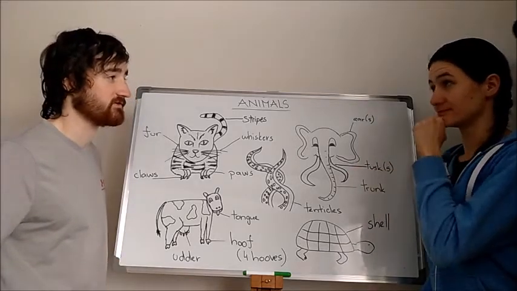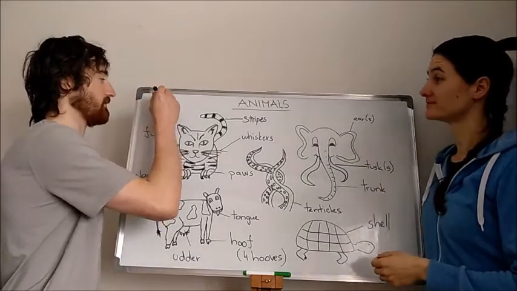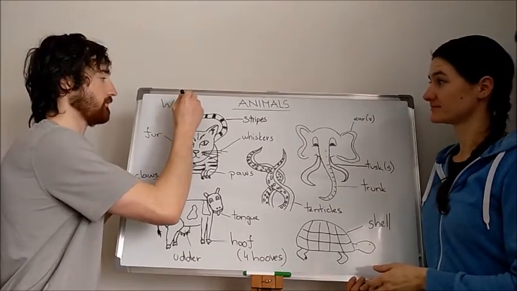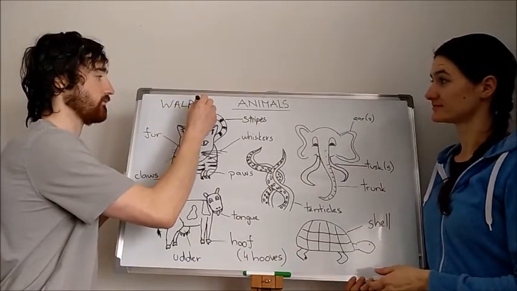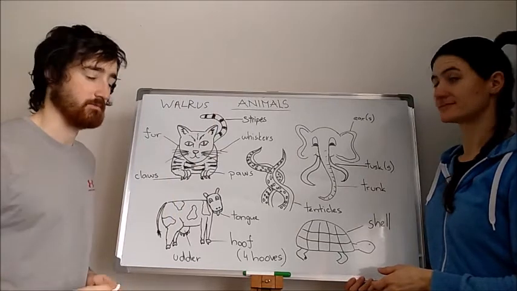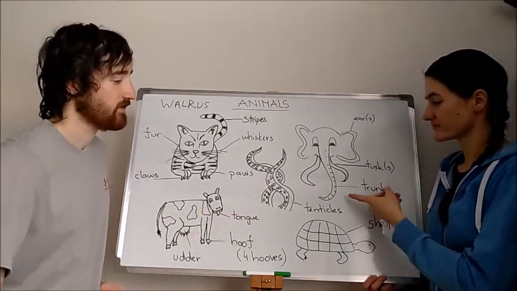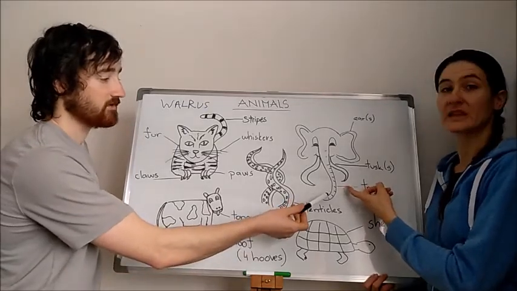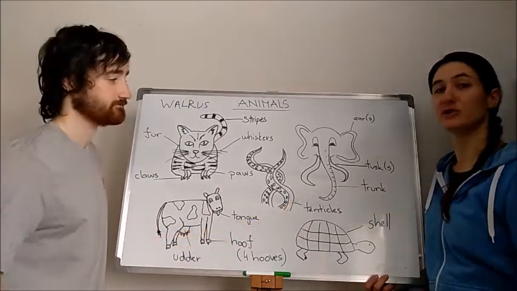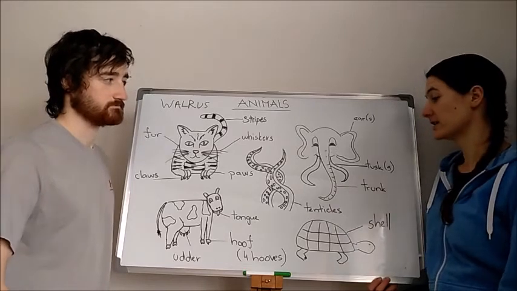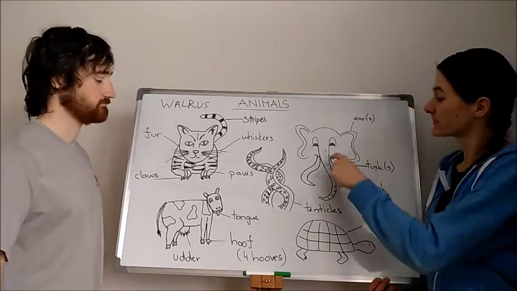Do you know walrus? I'll just write it here, walrus. You can look it up, Google it maybe, and you'll see they have tusks as well, right? Trunk, okay? Yeah, they have a long trunk, and crooked.